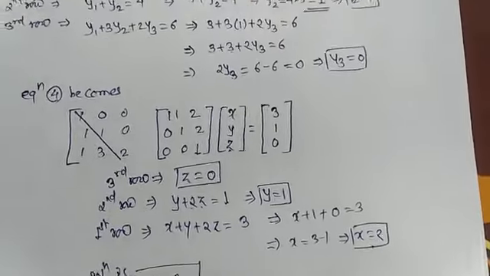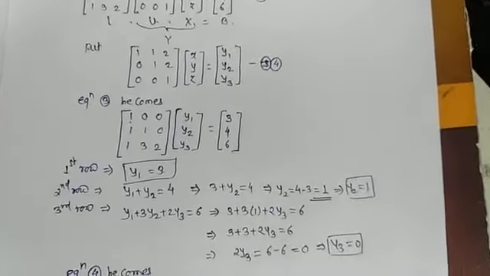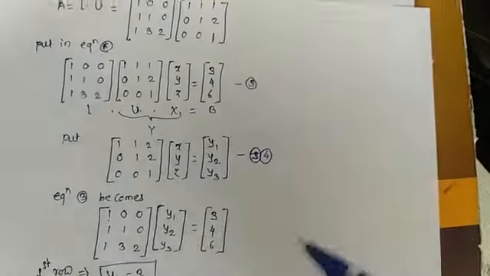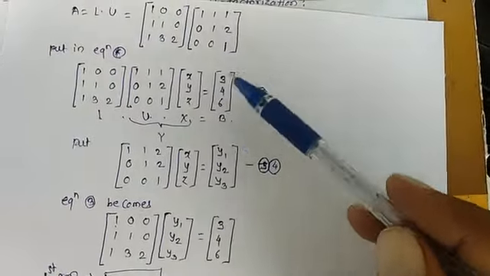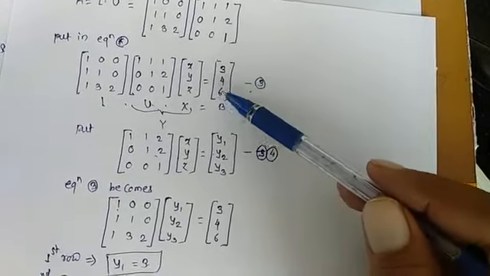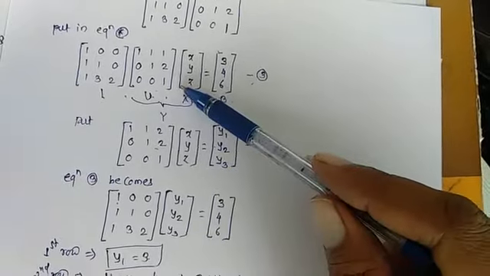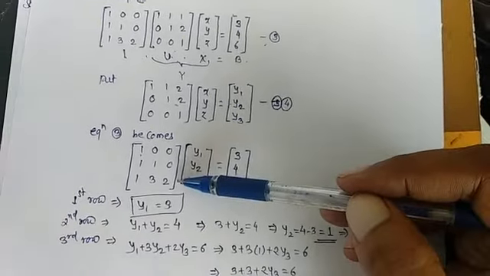So we have solved this example by LU factorization. Here are some steps related to that. We first put Ux is equal to Y in equation star. After substituting y1, y2, y3 in equation 3, we get a system.